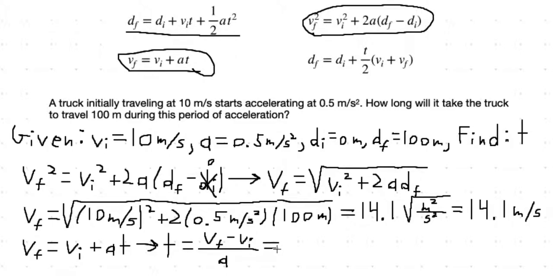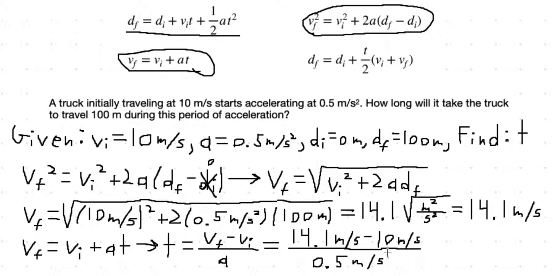So we solve for t, and now we're plugging in the values. So if I put this in a calculator, I'm going to get 8.2 seconds.